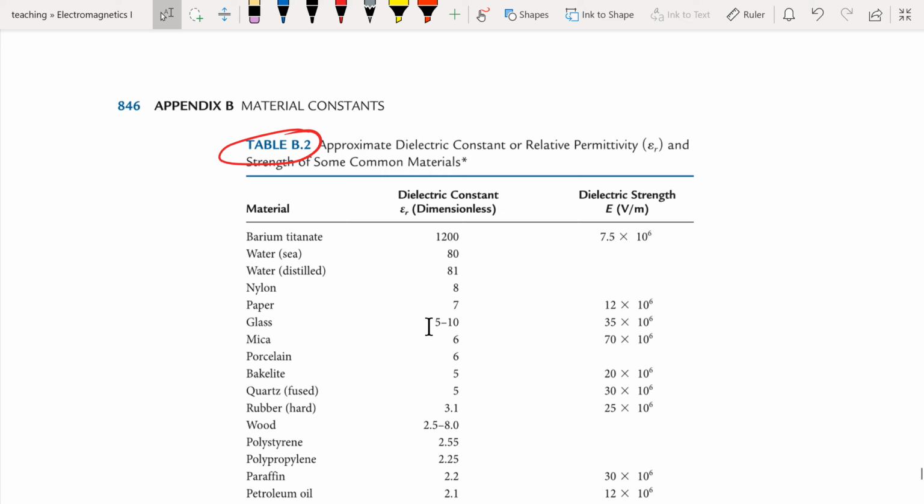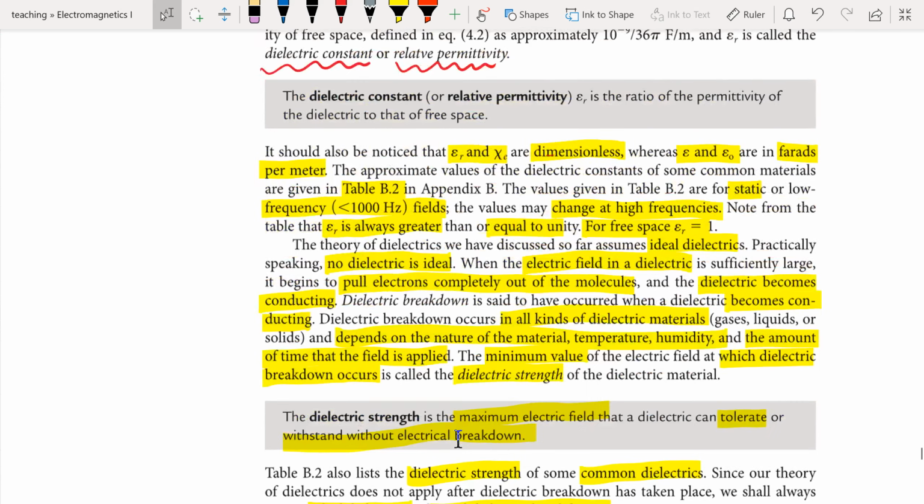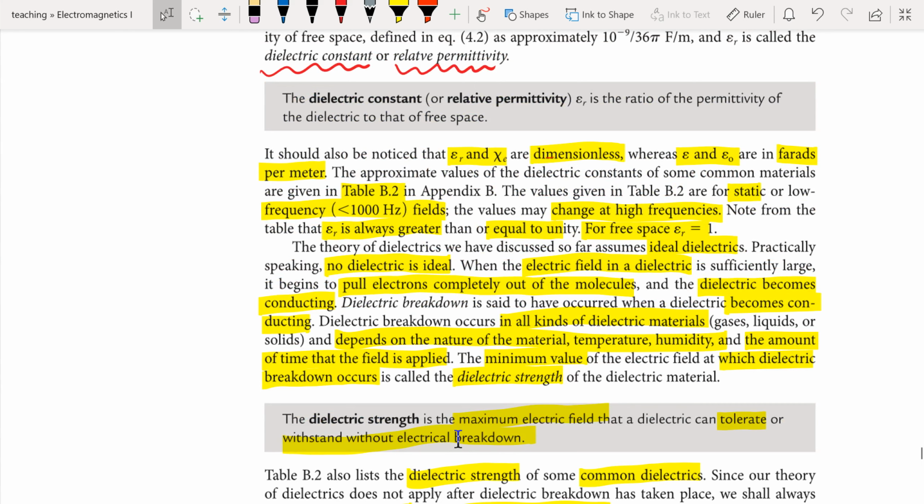Glass has an approximate value between 5 to 10, wood between 2.5 to 8, polystyrene 2.55, etc. The air itself, as I have mentioned, has a dielectric constant of 1. So it is good that we know the approximate values of the dielectric constant epsilon r.